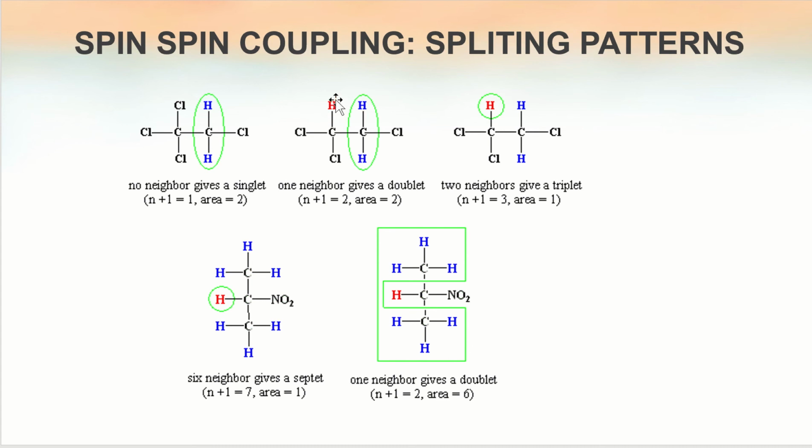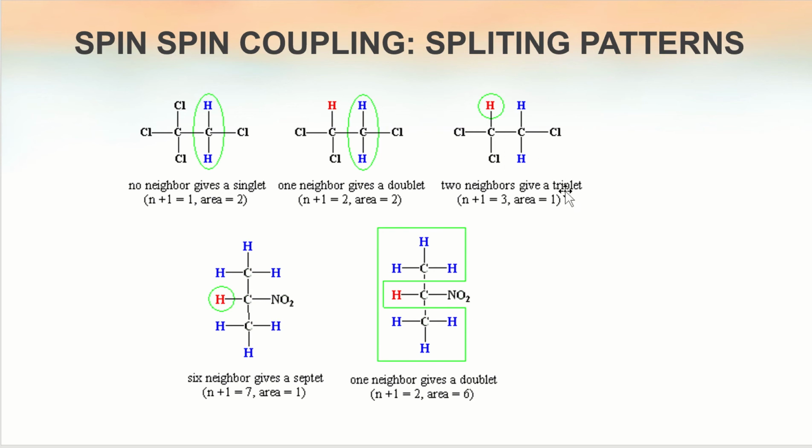If it has 1 neighbor, that means that n is equal to 1, and therefore n plus 1 is equal to 2. The area under that doublet would be 2 because it represents 2 hydrogens. So once we get 2, that means we have a doublet. Once we get 1, that's a singlet.